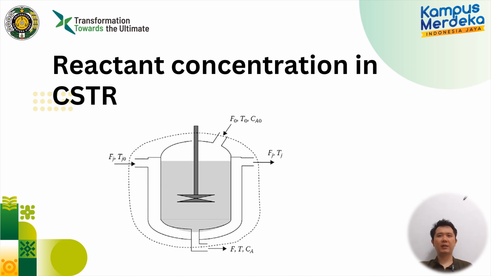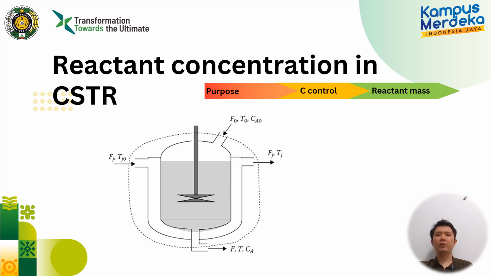Let's look at another example. Say we want to describe the reactant concentration in CSTR. Our fundamental quantity will be mass of reactant. The control volume would be the entire tank, and we can assume that concentration in the tank is uniform.